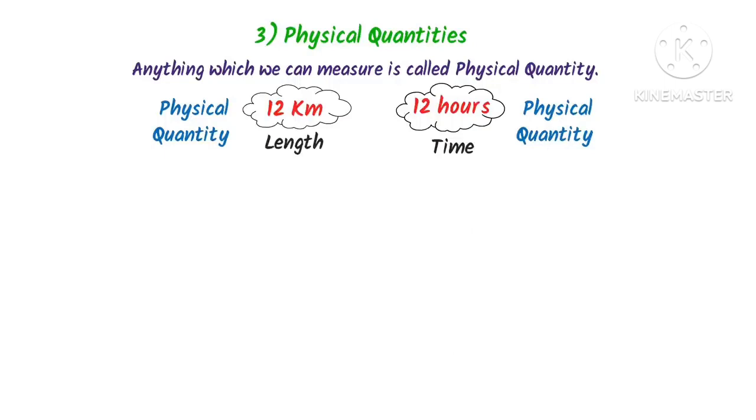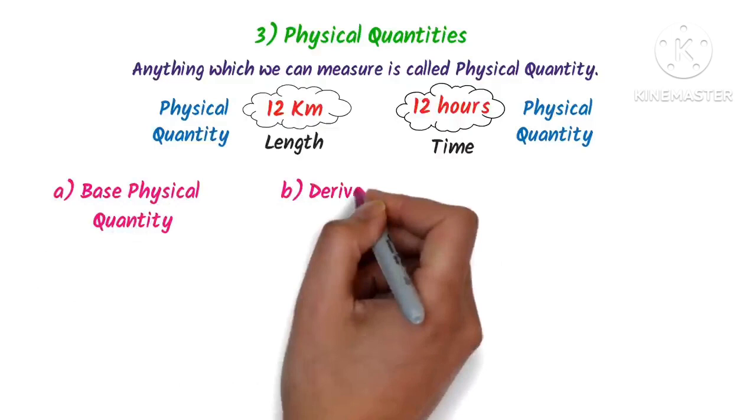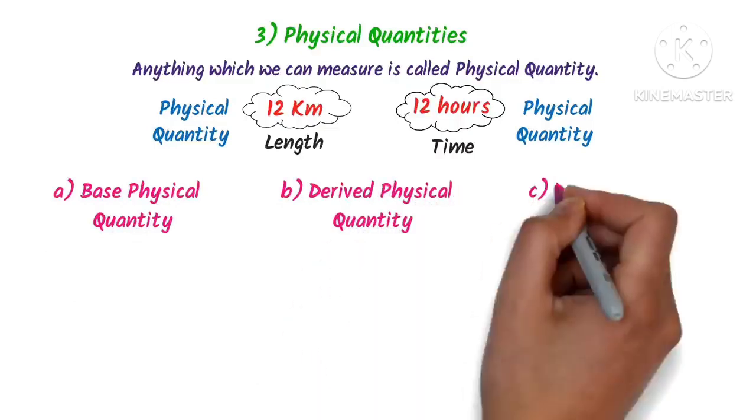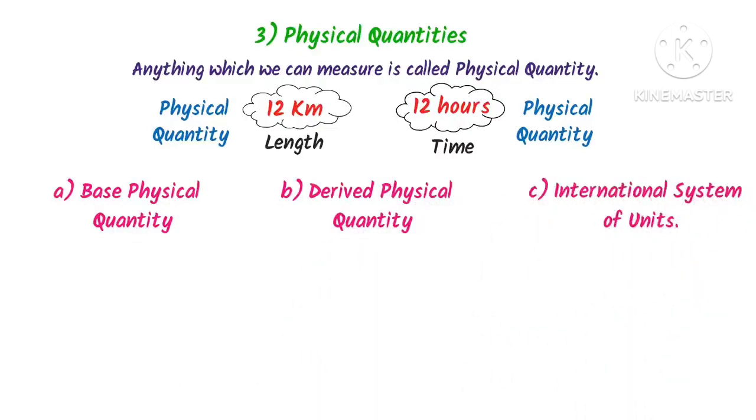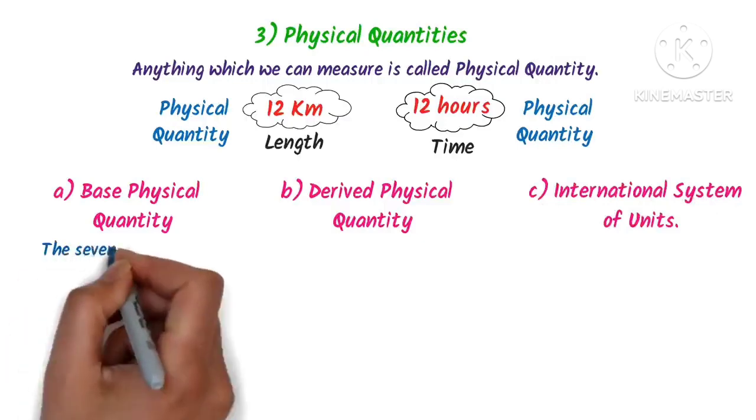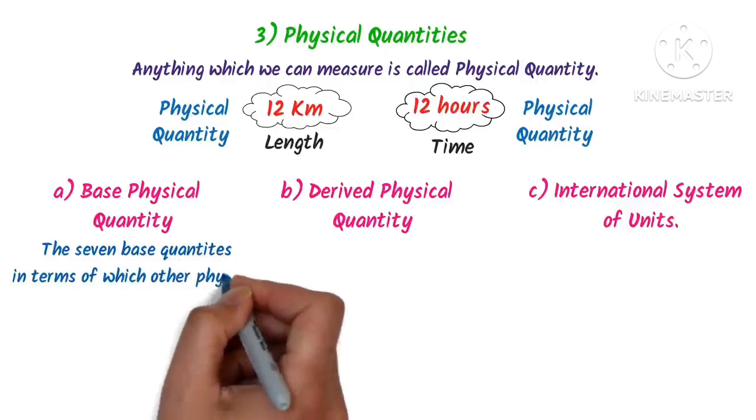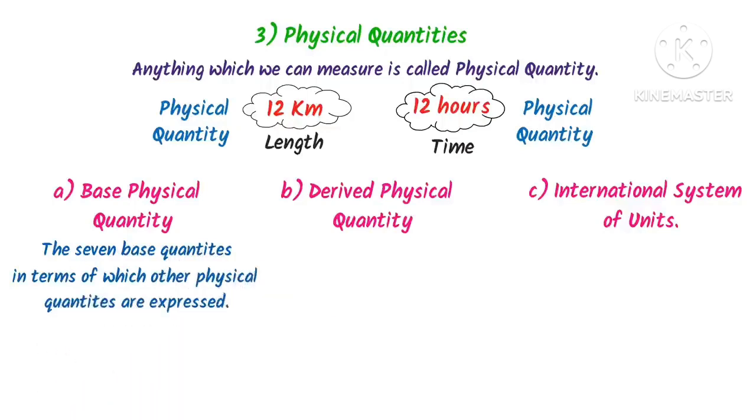This topic is divided into three subtopics: base physical quantities, derived physical quantities, and International System of Units. Now what are base physical quantities? Well, the 7 physical quantities in terms of which other physical quantities are expressed are called base physical quantities, like length, time.